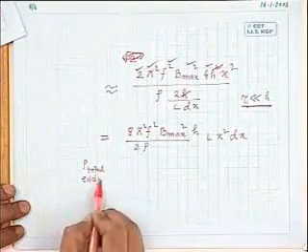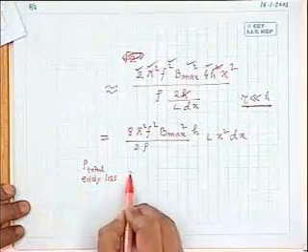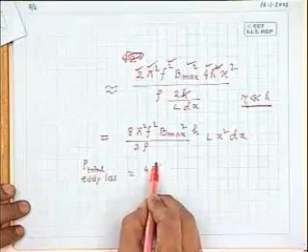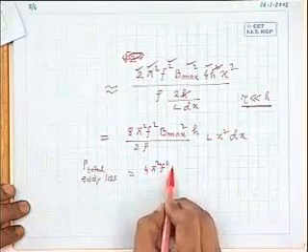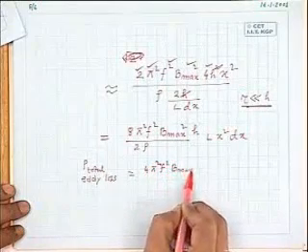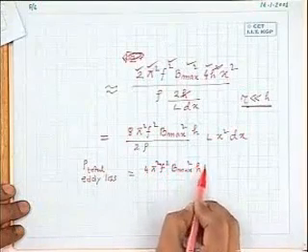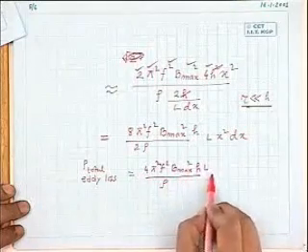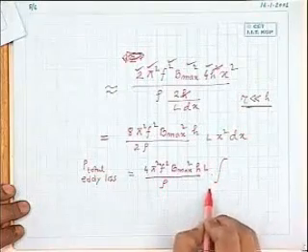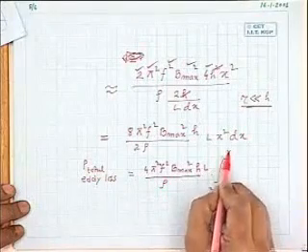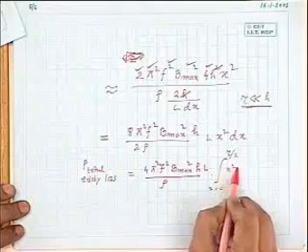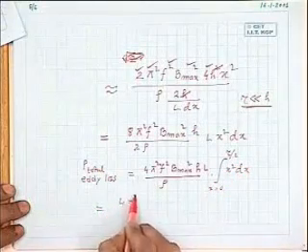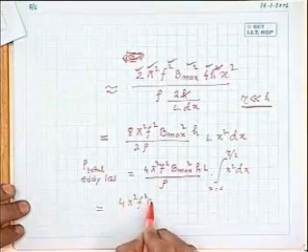So the total eddy current loss will be, I think this will be 4 pi square f square b max square, HL is constant by rho, and this will be integrated from x equal to 0 to tau by 2, x square dx.